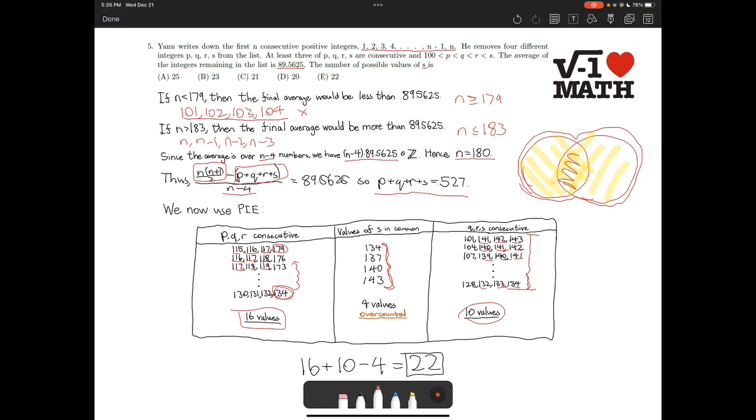So we're basically finding the numbers that are congruent to 134 mod 3 that are in this bound, which gives us 4 values that we overcounted. By inclusion-exclusion, this plus this minus this is 22, so our answer is E.